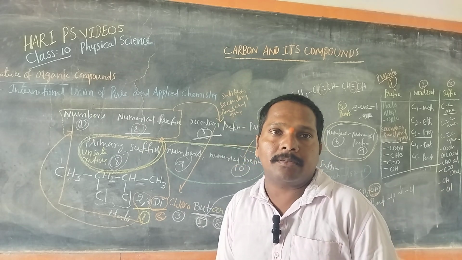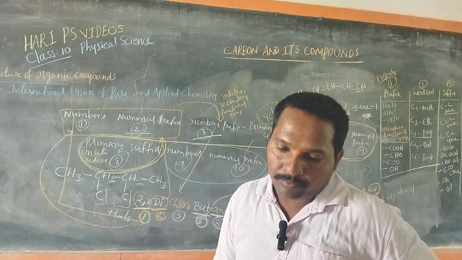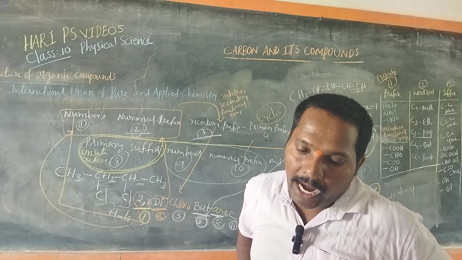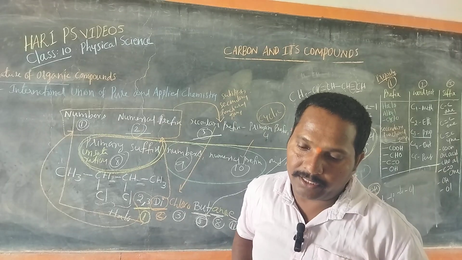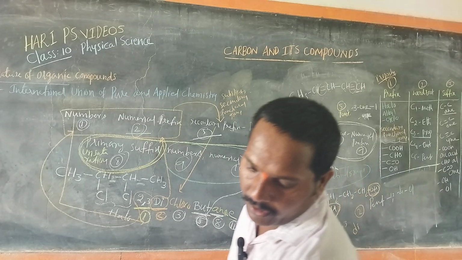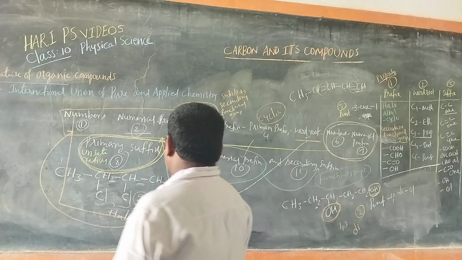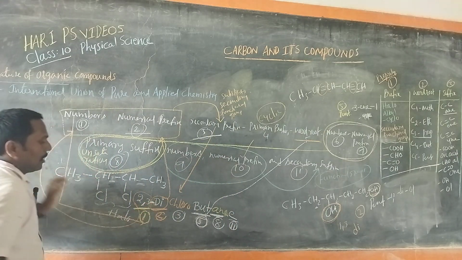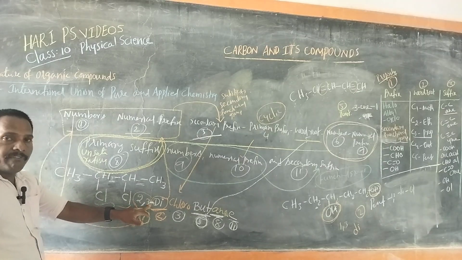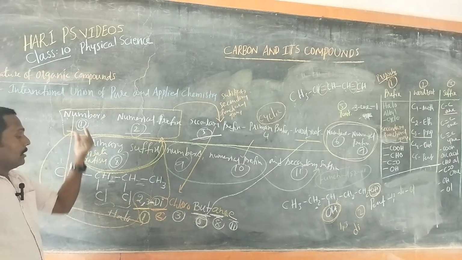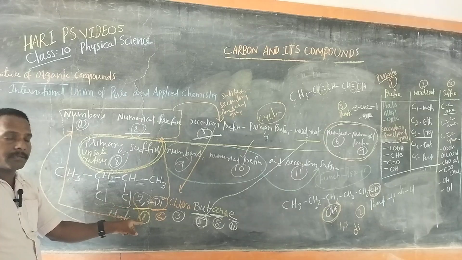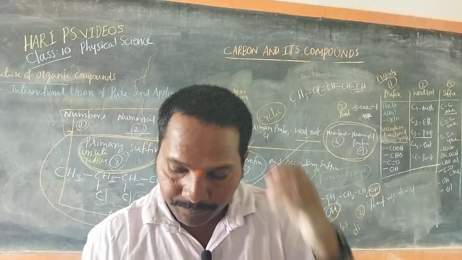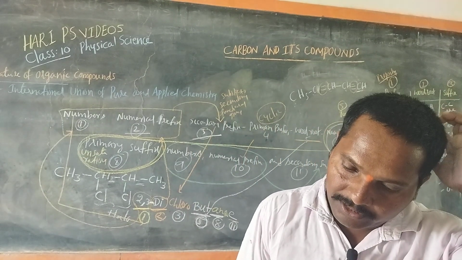Between the carbon numbers you write a comma, and numbers and designations are separated by a hyphen. So after the number we need to give one hyphen, between number prefixes, number suffixes, and numerical prefixes, numerical suffixes.